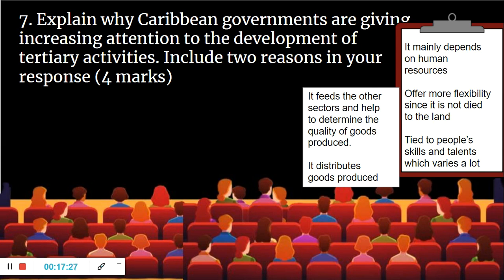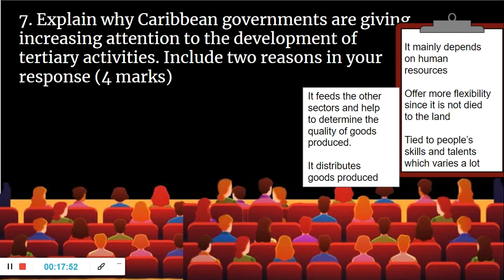All right, but for most other industries, the main resource being used is not so much physical resources but human resources. Now that is important because a lot of our raw materials or natural resources are now being depleted.